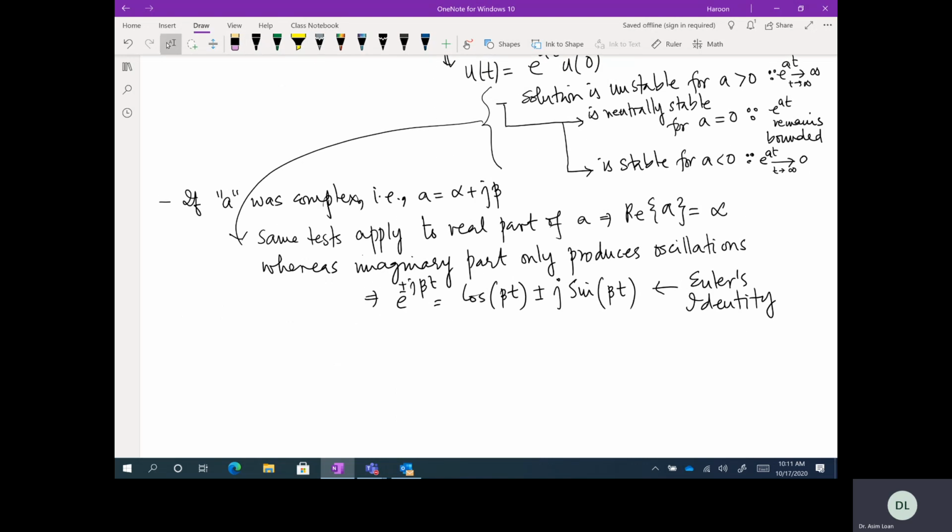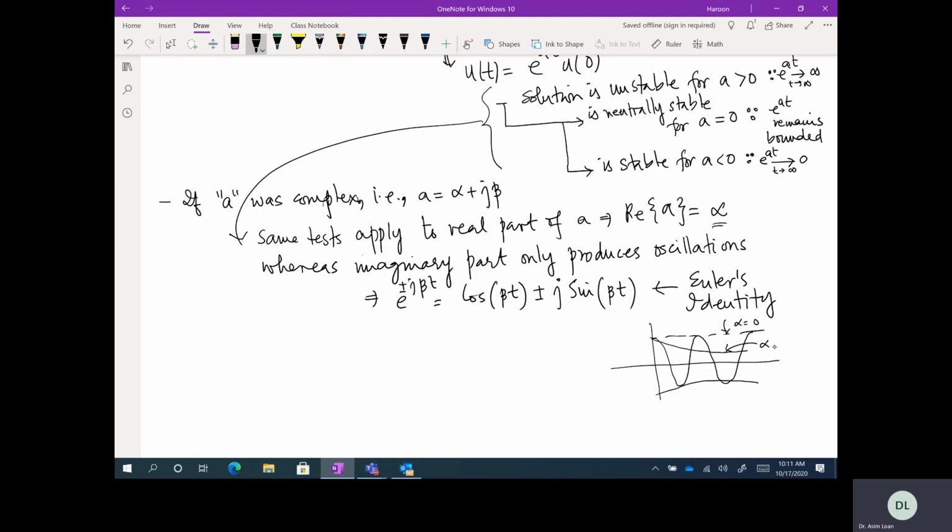So you can see if alpha is 0, you only have a sine or a cosine going like this, right? And if alpha is negative, you have a decaying exponential that goes like this, right? This is when alpha equals 0.